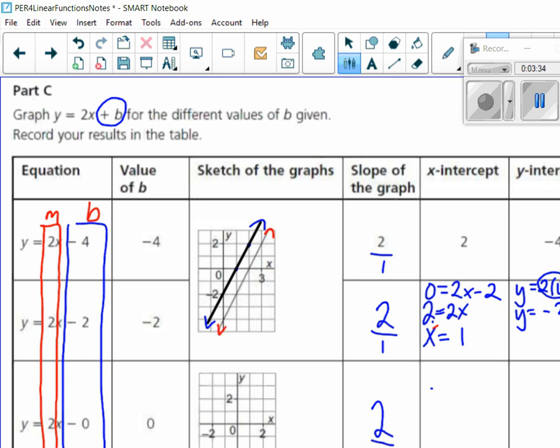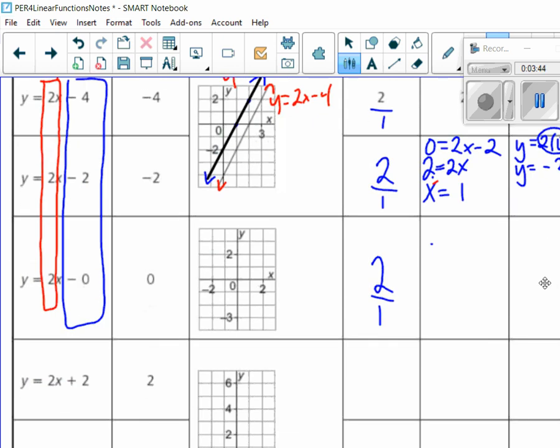Here's my first one, which was y equals 2x minus 4, and this is y equals 2x minus 2. So let's graph this one now. If it's y equals 2x minus 0, what is my y-intercept? 0. So here's a new technique of plotting a graph.